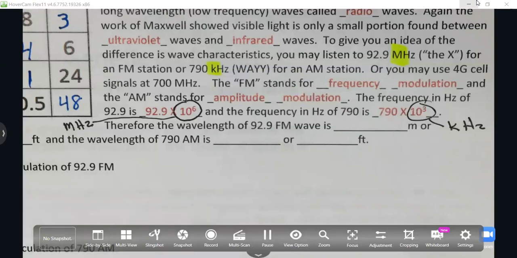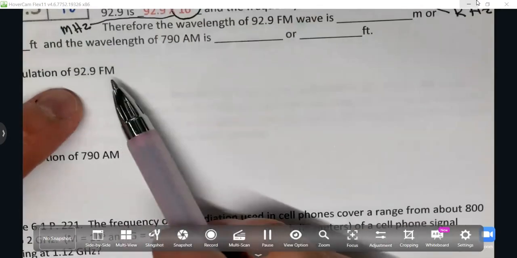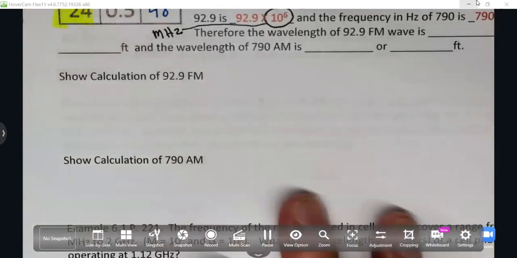If you go over a metal covered bridge, you will lose your signal in and out. But AM by far, especially on a clear night, you can get Chicago from here, and AM will travel farther. So we're going to calculate this out. We want the wavelength in meters and feet of 92.9 FM.